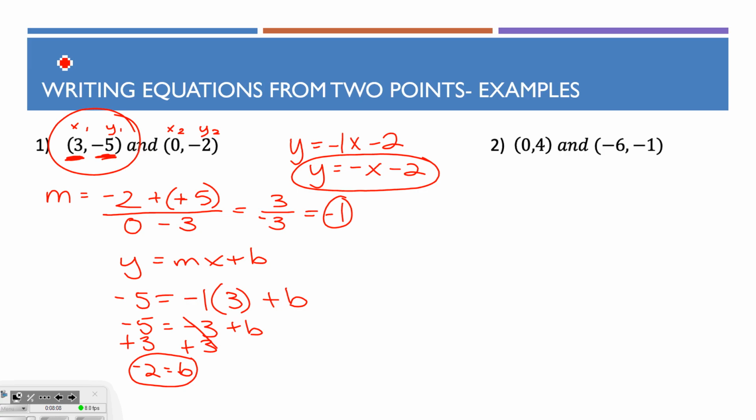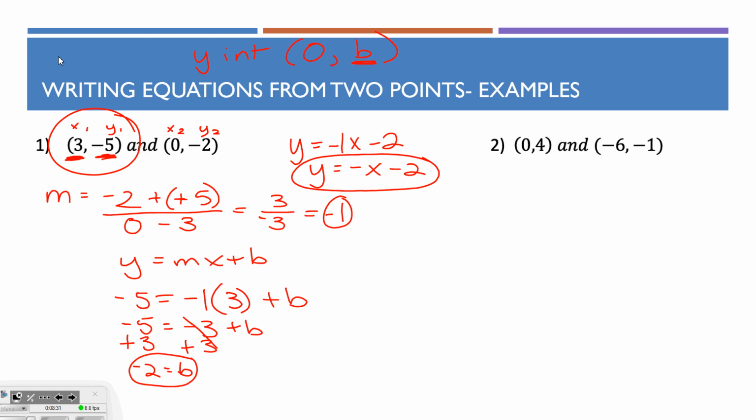Okay, I want to point something out that you may or may not have noticed. My b value is the y-intercept. And if you think back, we always said y-intercepts are the points where the line crosses the y-axis. We always write a y-intercept as 0, comma b, 0, comma a number.